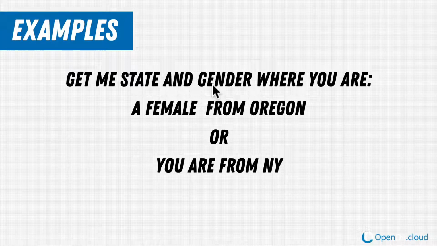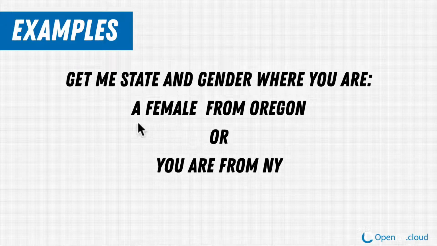When we read queries, we want to be very, very precise in what the outcome is going to be. And so I phrased it in this sentence so that you can clearly see why it is broken. We are saying here, get me state and gender where you are a female from Oregon or you are from New York.